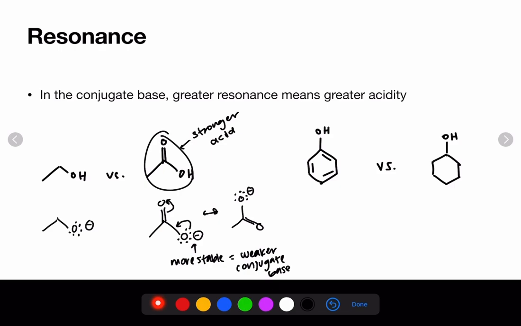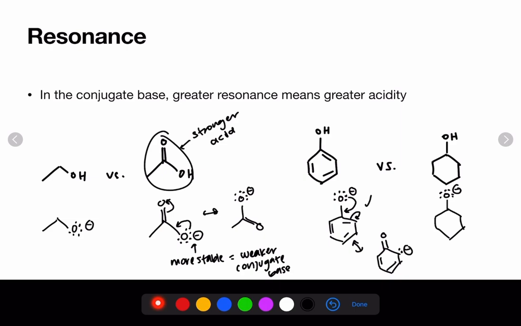Let's look at our second example and draw out the conjugate bases again. I'm only going to draw one example of a resonance structure, but there are multiple others which do stabilize that negative charge.